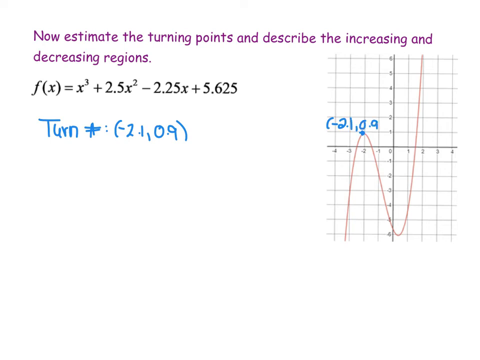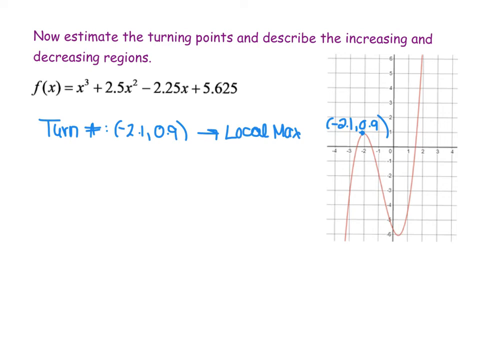As I said, we're going to look tomorrow at how we can utilize a calculator to accurately find that value, but that's my guess right now. Now, because this turning point is the highest point in its particular region, this turning point is a local maximum because it is locally higher than all of the points around it.